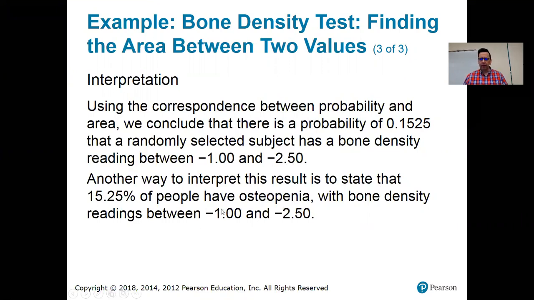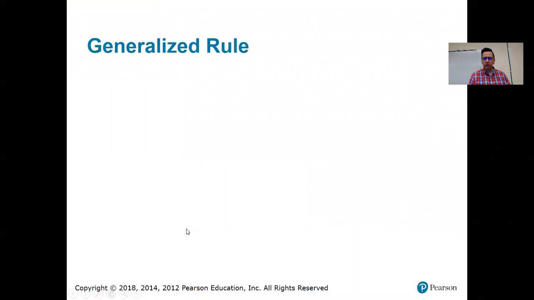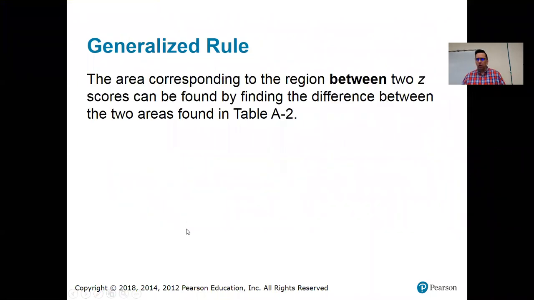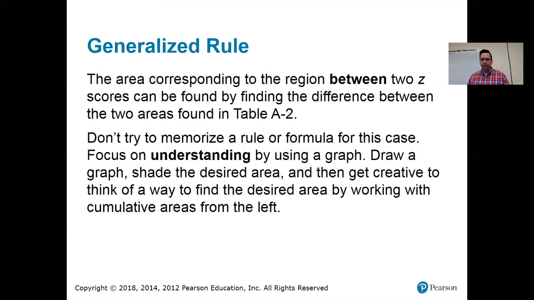All right. Now, let's see. Okay, so again, to find the area between two z-scores, you subtract two numbers that are found in the table. Don't try to memorize a bunch of rules, all right?